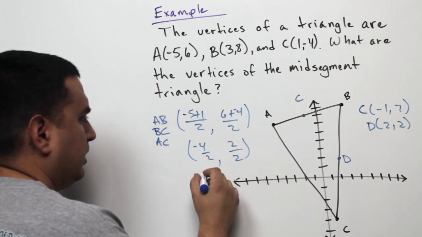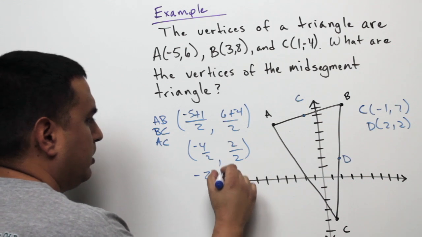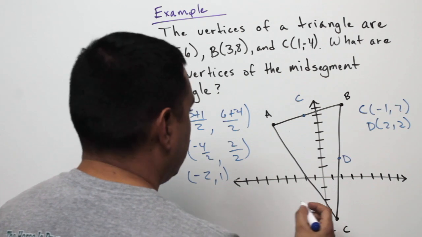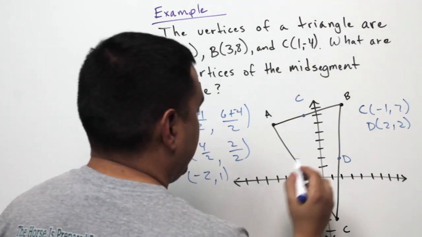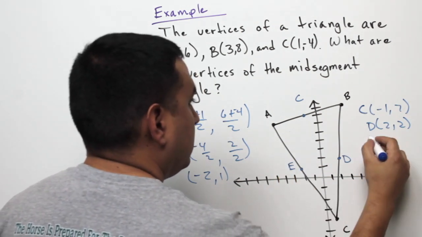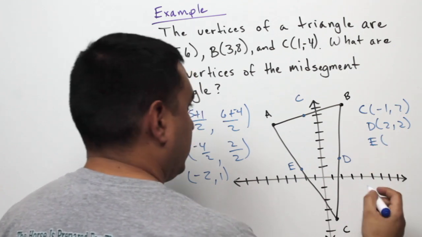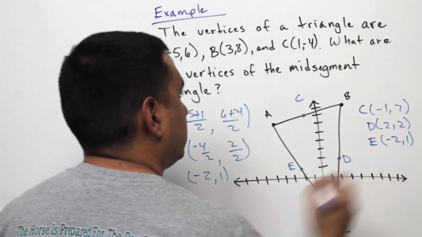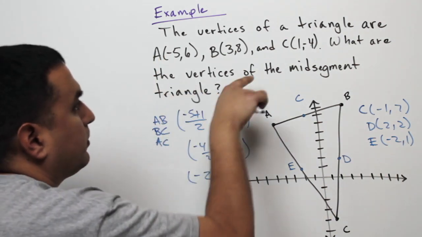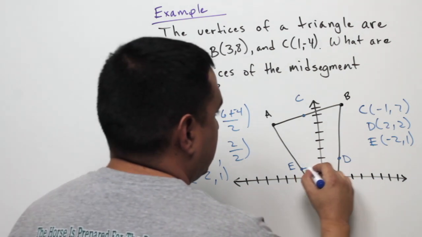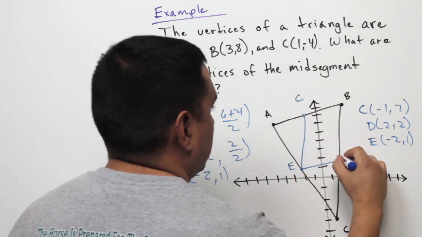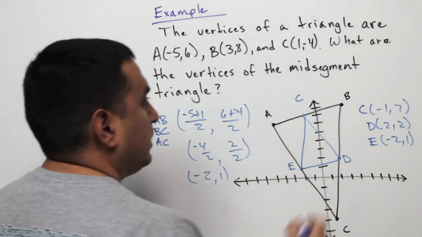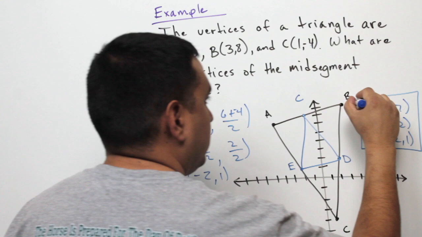When I simplify, it's going to be (-2, 1). And this other point here, we can call this E, right there. And so the third vertex is going to be at (-2, 1). Okay? And so those are the vertices of the midsegment triangle. If I were to connect these, that would be my midsegment triangle. These are the vertices that they asked me for.